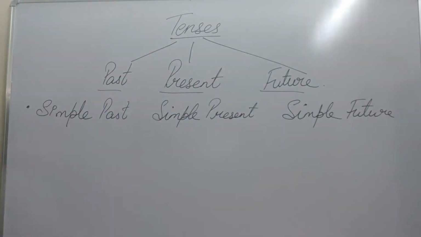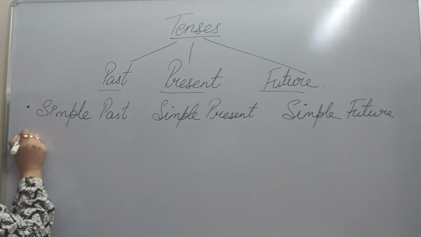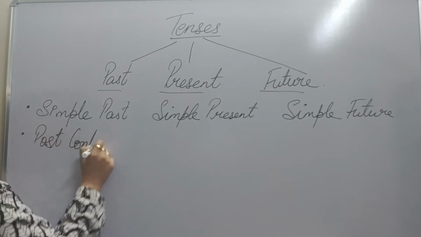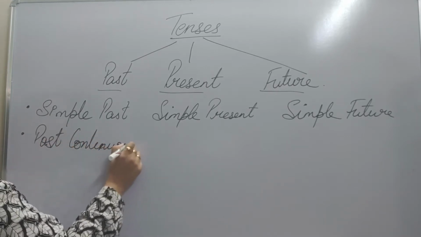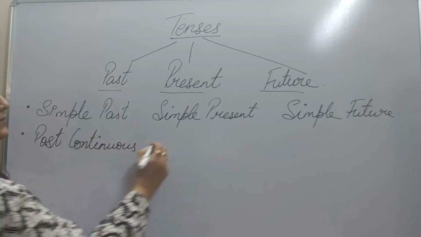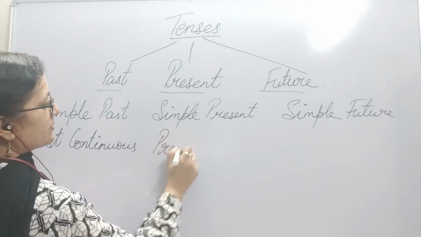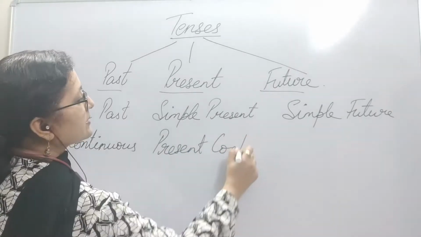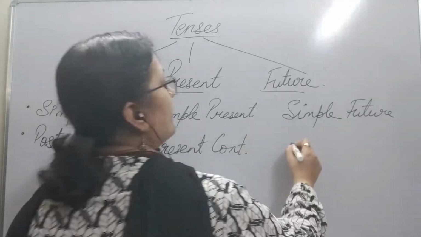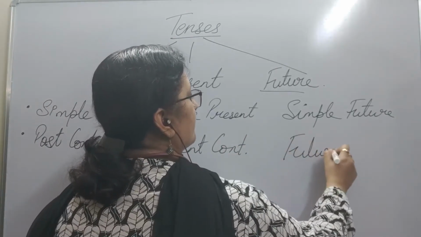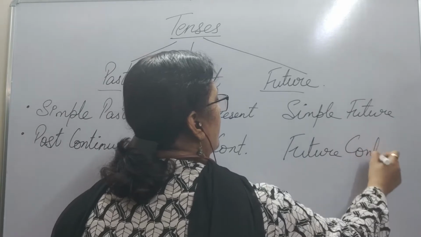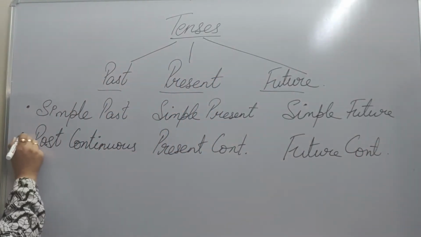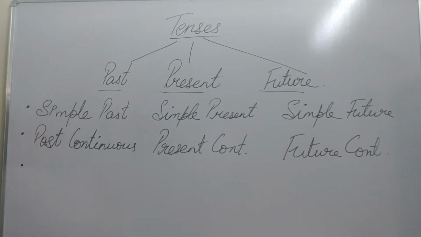We had further done past continuous, then it was present continuous. I'm just writing the abbreviated form, and it was future continuous. I'm sure you will all remember in my previous videos where I've already explained. You can go through them once again.